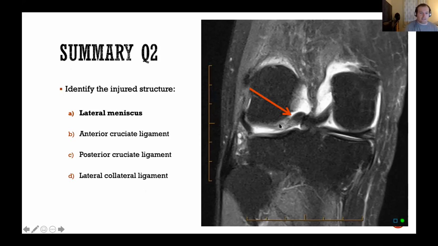In order to see the ACL, remember it's the anterior cruciate ligament, you'd want to be a little bit further anterior on the knee. Here we're seeing strictly the posterior aspect of the medial and lateral distal femoral condyles. So you can see some of the PCL coming down from the medial condyle as it progresses to the posterior tibia, but you need to be further anterior to see the anterior cruciate ligament.